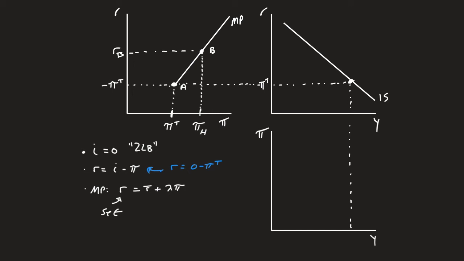Whatever that target rate is, let's say that target rate is right here, inflation target rate. We see there's going to be this point A. Now I want to show you with point B. Here's my real interest rate at point B. Here's my point B on the IS curve.